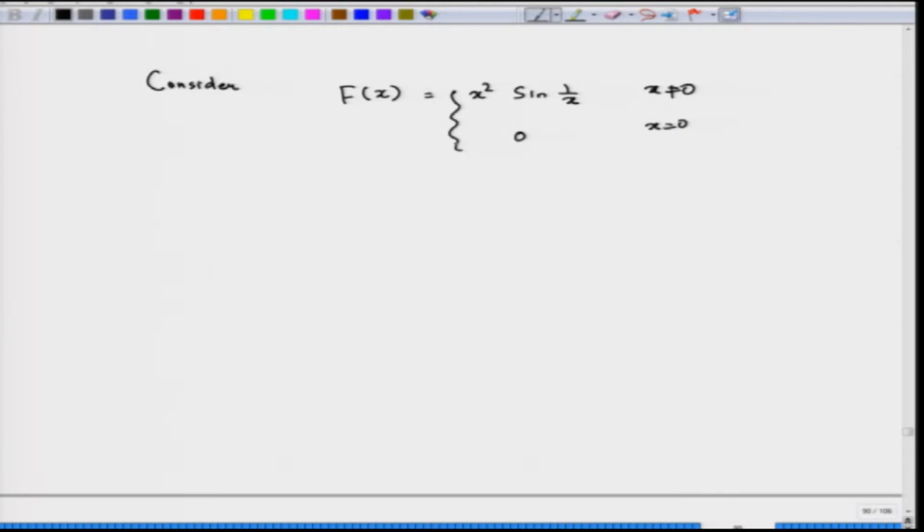We have seen earlier that this is a differentiable function, and its derivative we have computed. It is going to be 2x sin 1 over x minus x squared into cos 1 over x into 1 by x squared, if x is not equal to 0.